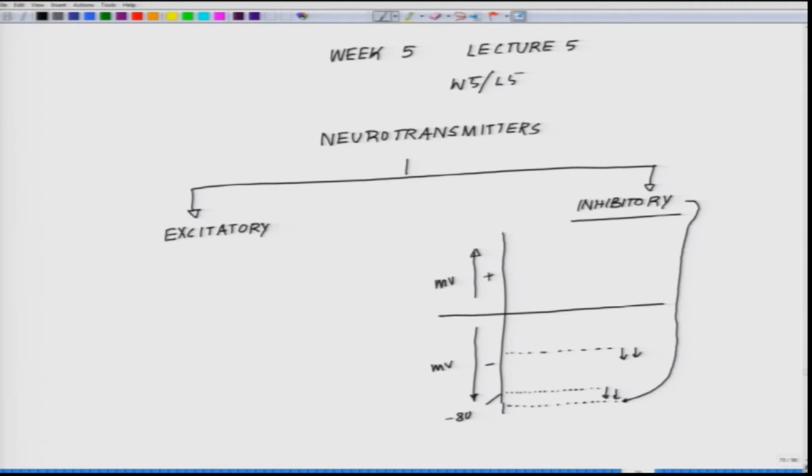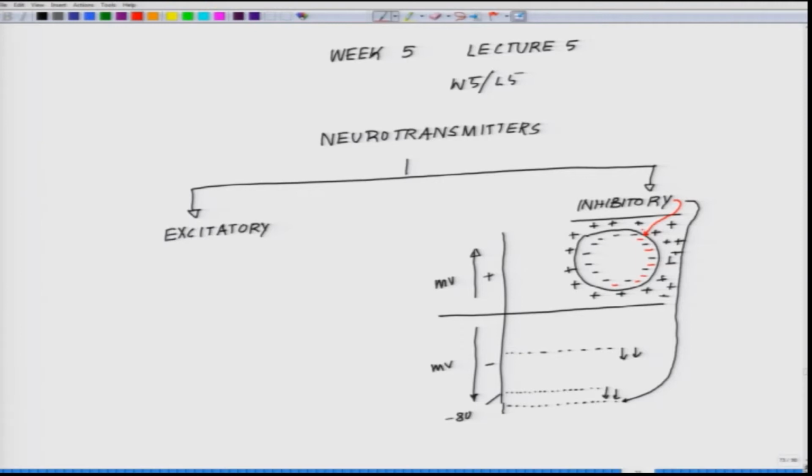And what was the reasoning I used to justify it? I told you that if this is the cell, it has negatively charged ions in higher number as compared to outside. Such further negative polarization can only happen when I am increasing the negatively charged ions inside, and that is promoted by an inhibitory neurotransmitter.